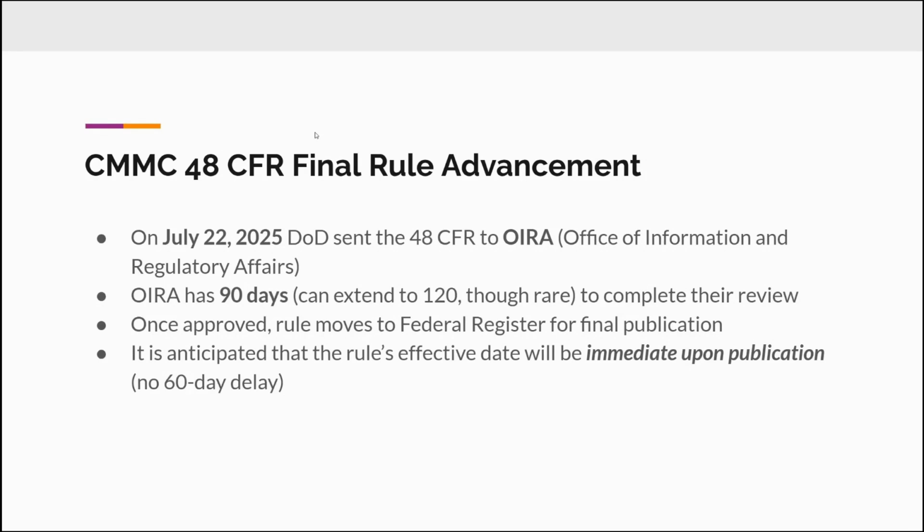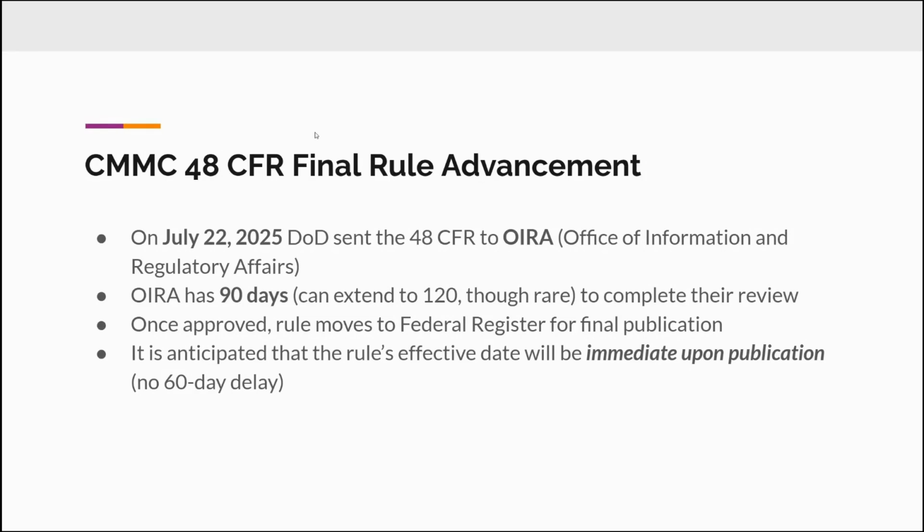And it's really just kind of getting all ducks in a row. It's not a review to go, should we review this to see if we should do it or not? It's literally getting the rule ready to be approved and published on the Federal Register.